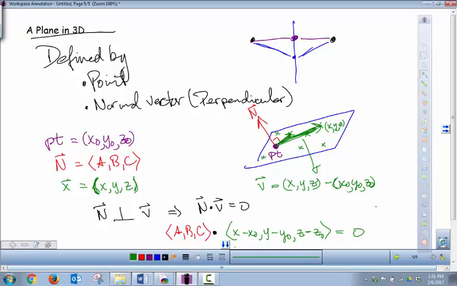And since these two vectors are perpendicular, we should get this thing to equal 0.